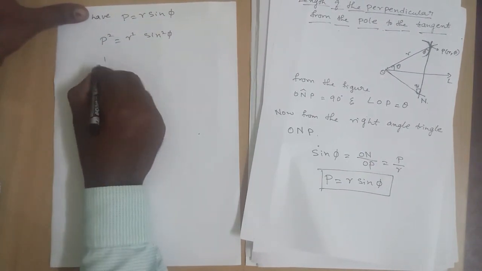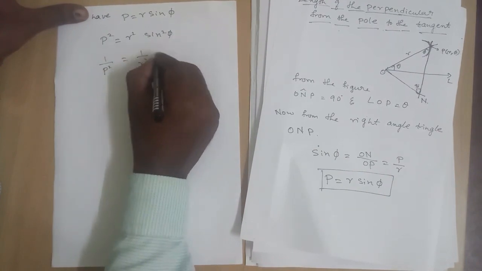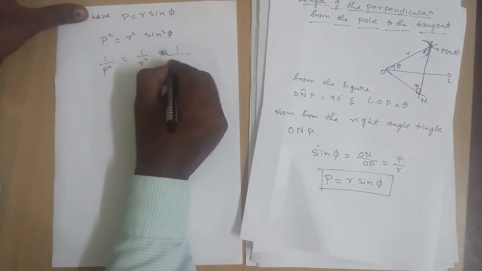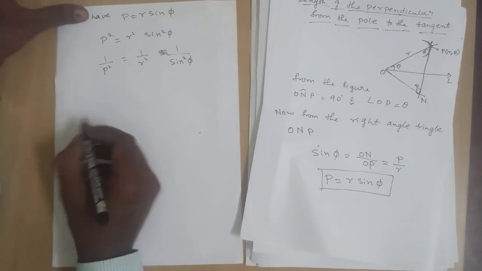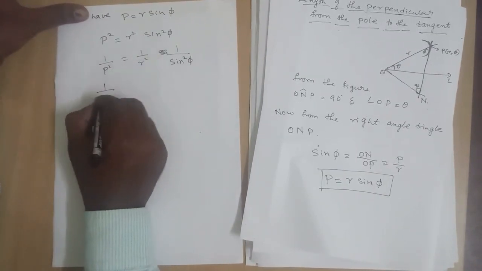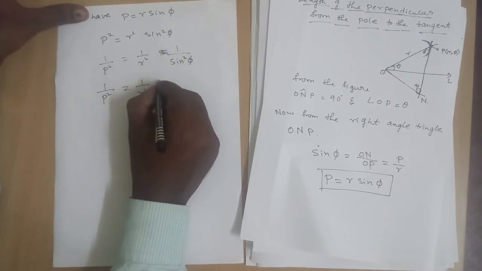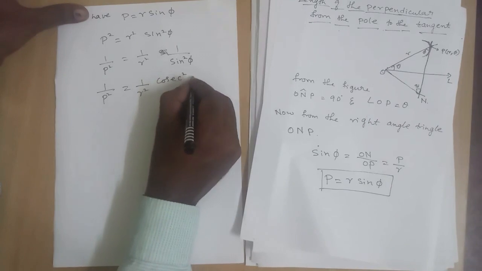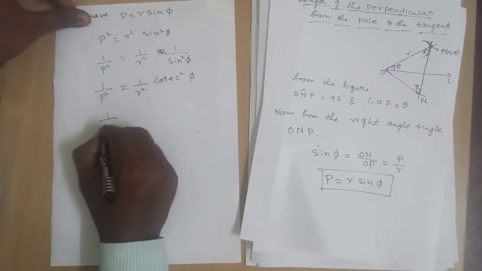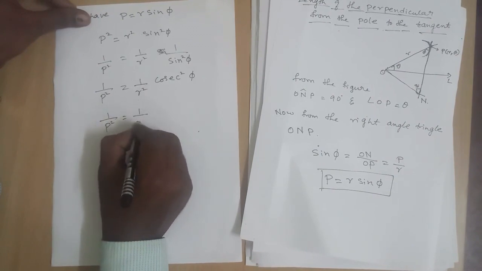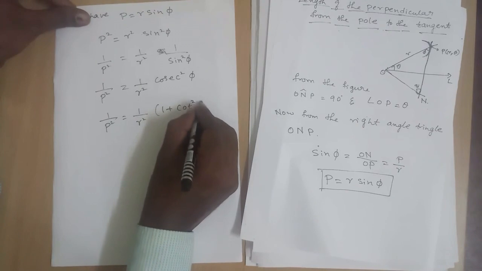So take the reciprocal for that one, so 1 over p square is equal to 1 by r square into 1 by sin square phi. So you get 1 over p square is equal to 1 over r square, and this can be written as cosecant square phi. So cosecant square phi can be written as 1 over p square is equal to 1 over r square into 1 plus cot square phi.